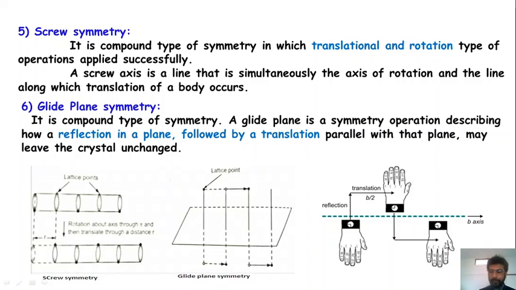Now in this way, when such a type of symmetric operation is operated inside the crystalline structure, after that operation the structure remains unchanged, and such operations are known as symmetric operations.